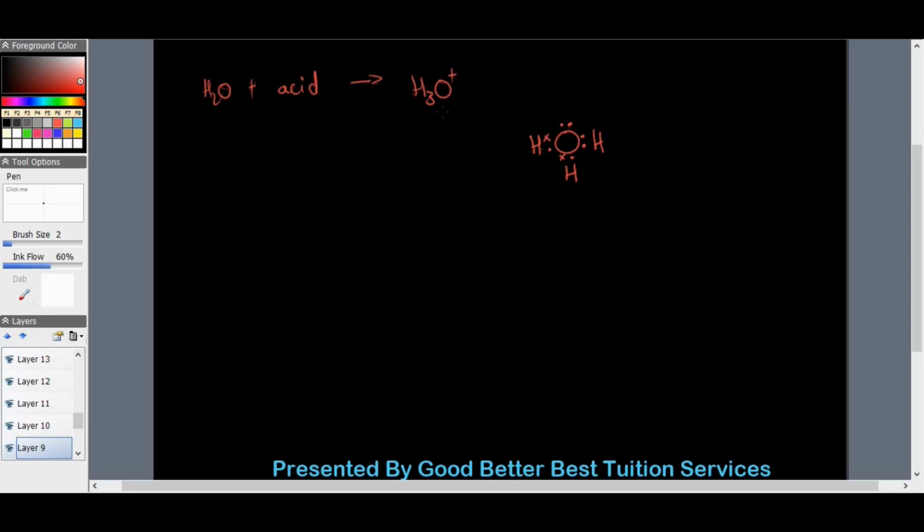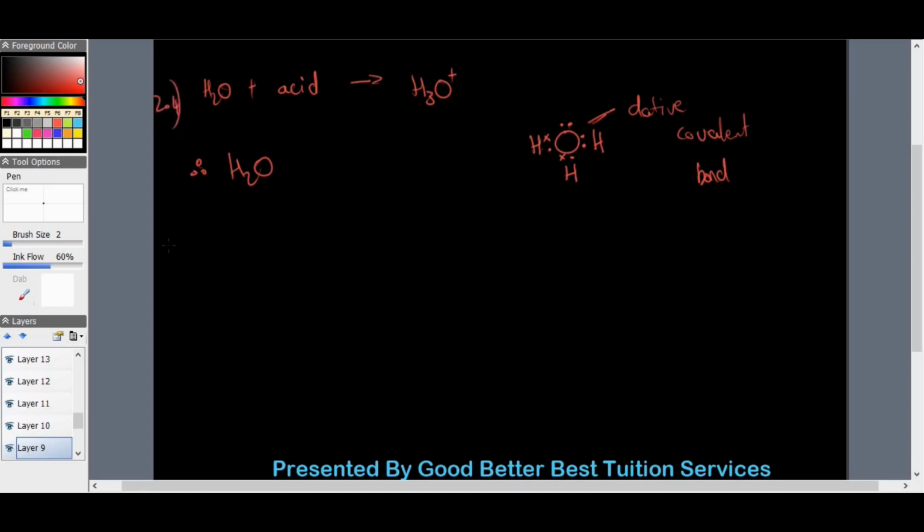That's why I get H3O plus, and this is an example of a dative covalent bond. We'll learn more about this under the section on acids and bases. So the answer was H2O for question 2.4.